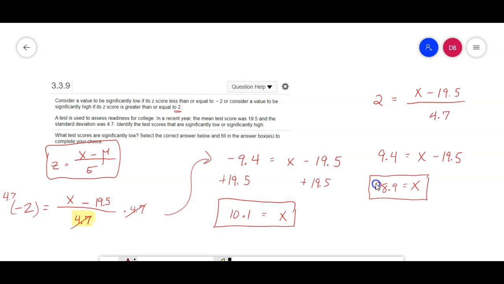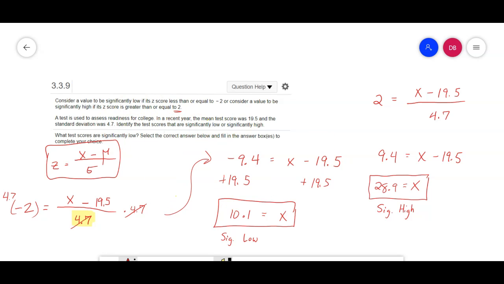So this is the significantly low cutoff, and this is the significantly high cutoff. You can see they are both well away from our mean value, 19.5.